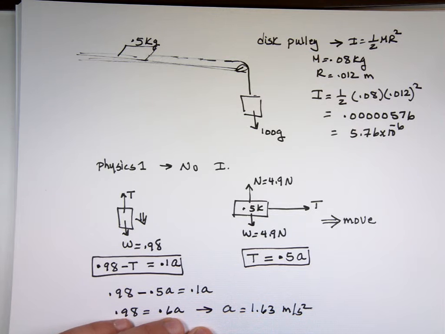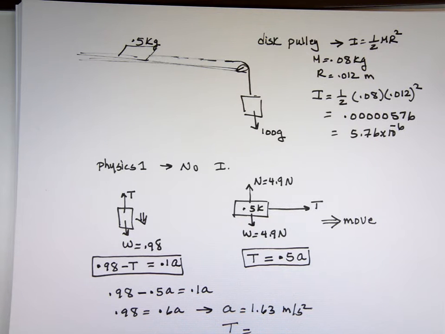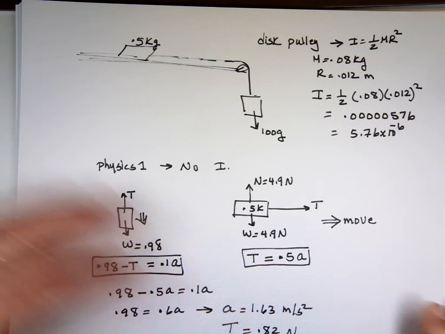And if you know the acceleration, you know the tension in the cable. The tension is 0.5 times a, which is 0.82. That's how we did it last semester in Physics 1.